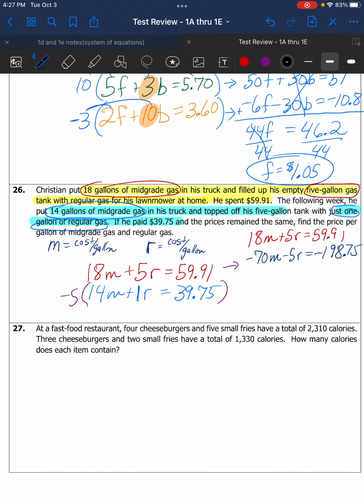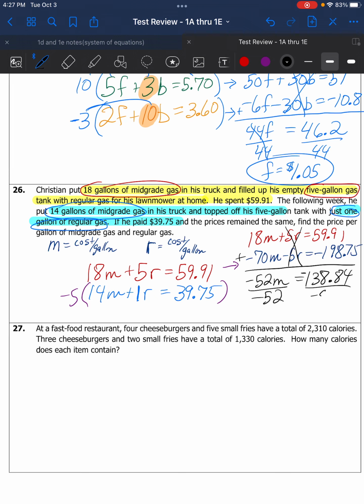Add these vertically. We get a negative 52M. The R's are eliminated. And we have negative $138.84.